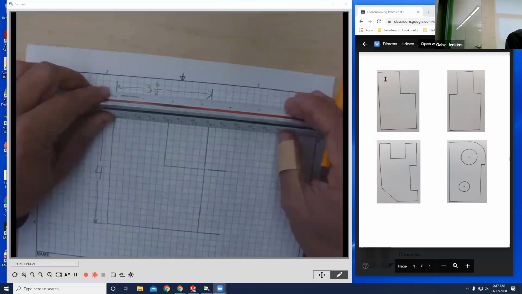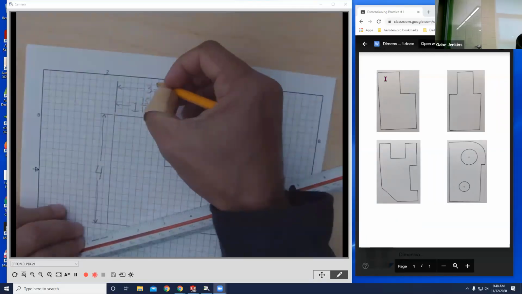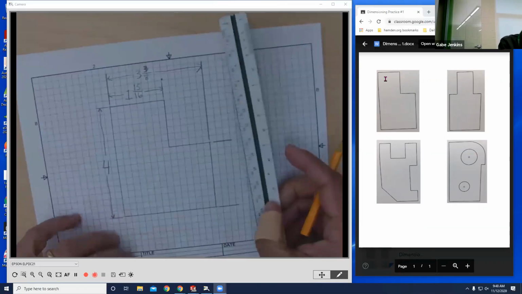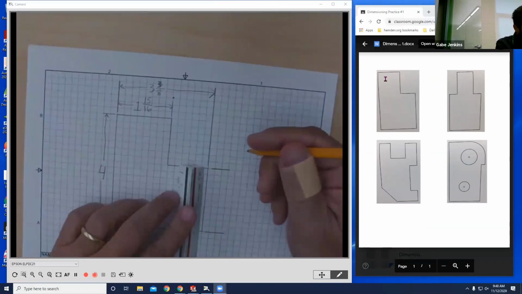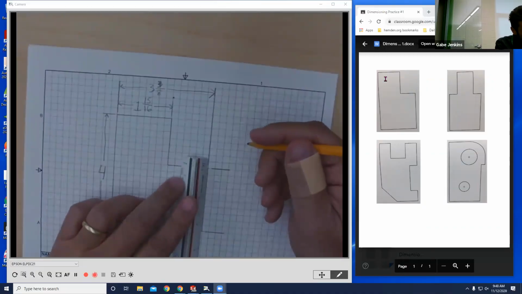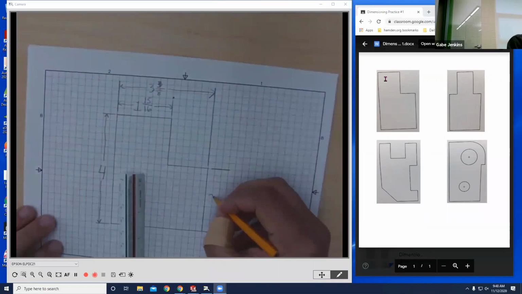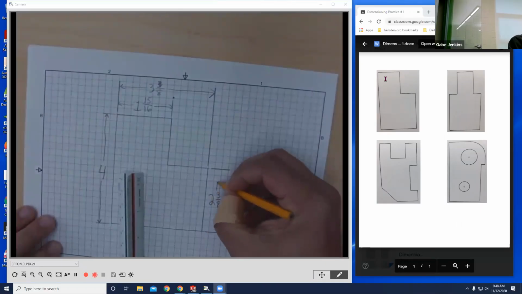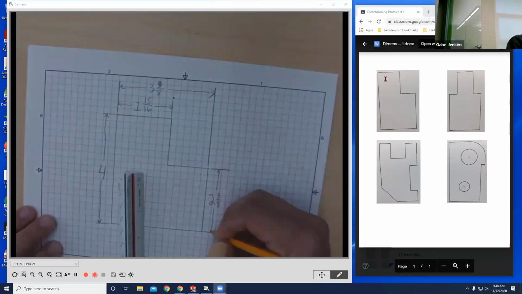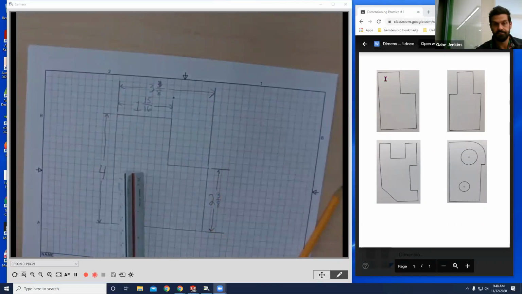That is not 6/8. That is 6/16 or 3/8. My bad. So as I measure this one again, this is 2 3/8. So I'm gonna write 2 3/8. Make my arrows, and I'm done.